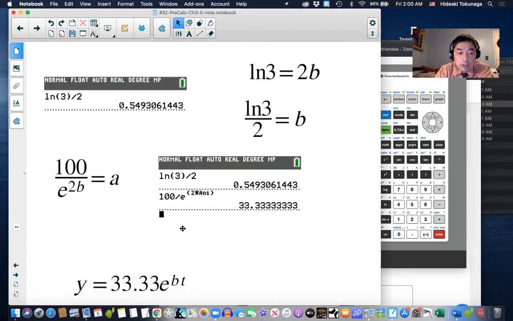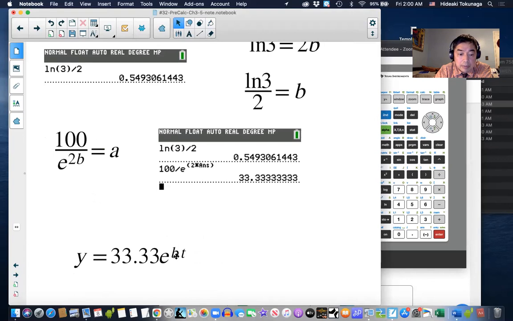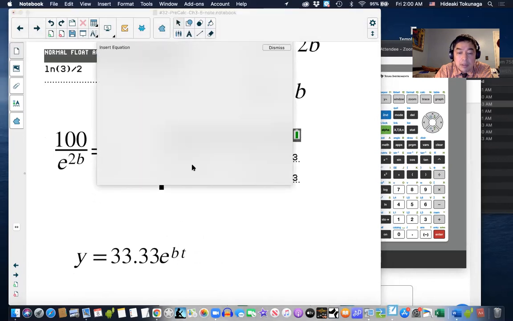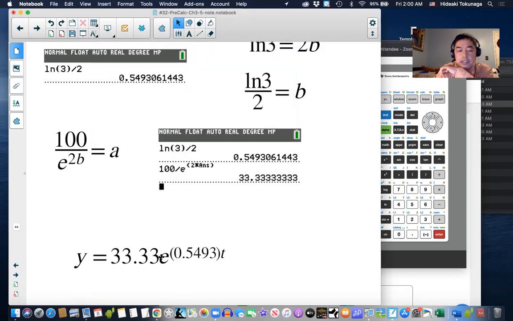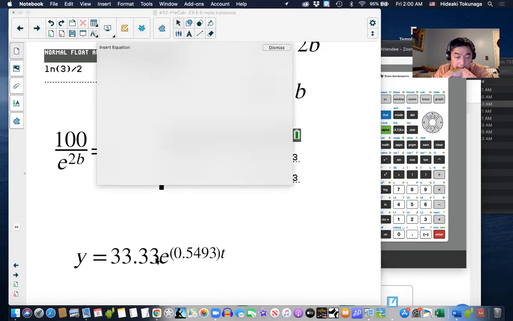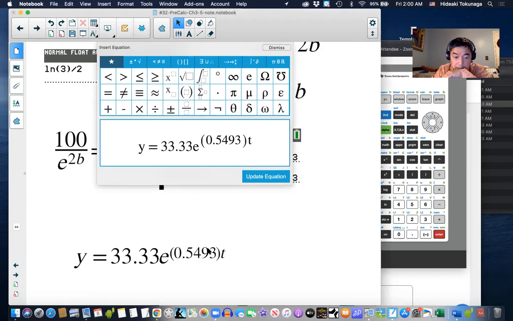So 0.5493 times t. Okay, so this is the new formula based on A and b. We cut off decimals here, nearest ten-thousandth.